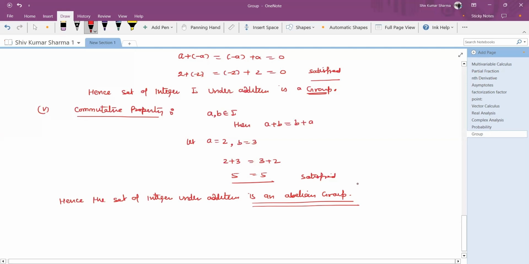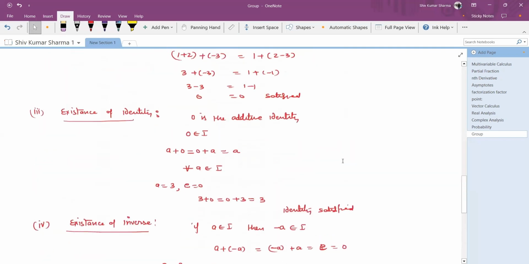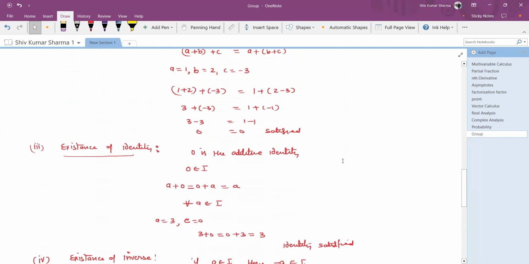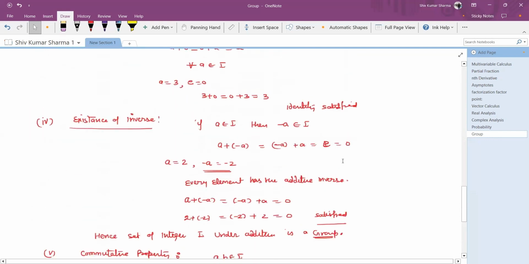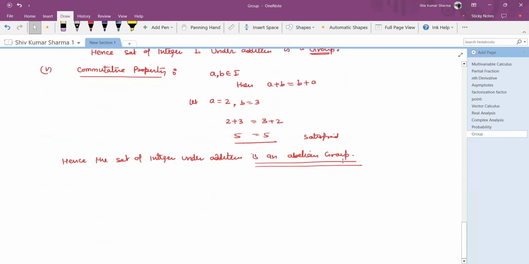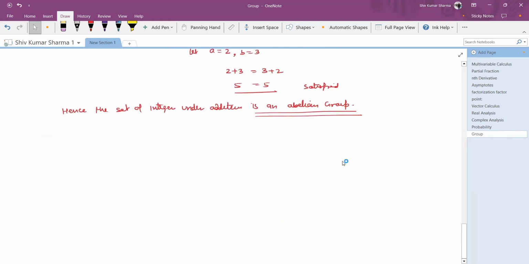Now, after understanding the binary operation addition, we move to multiplication. So we can take an example.